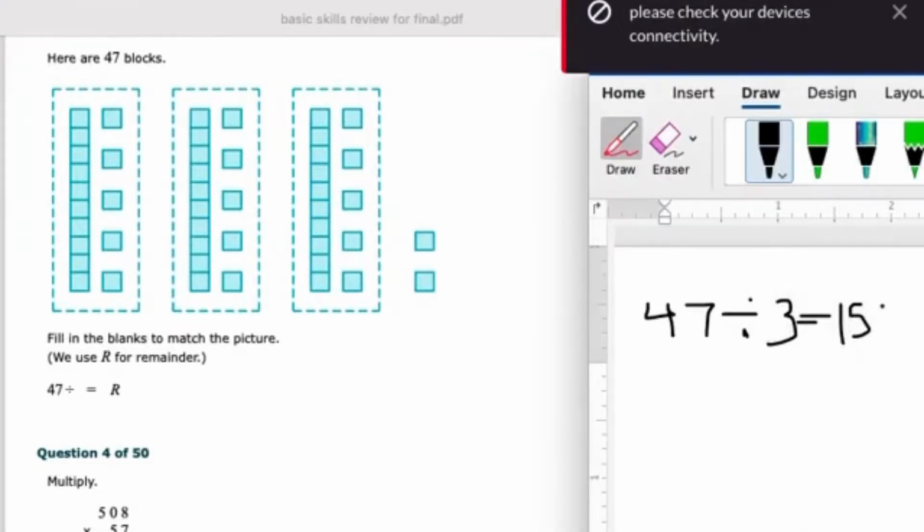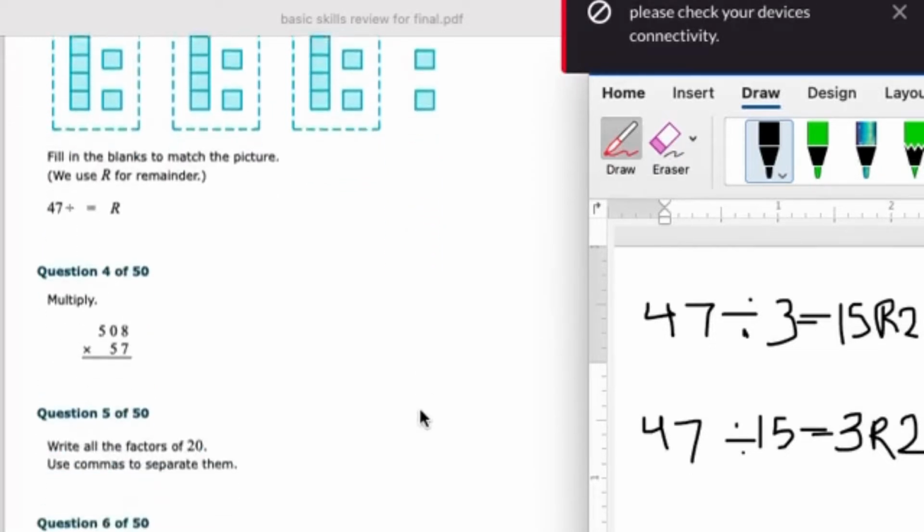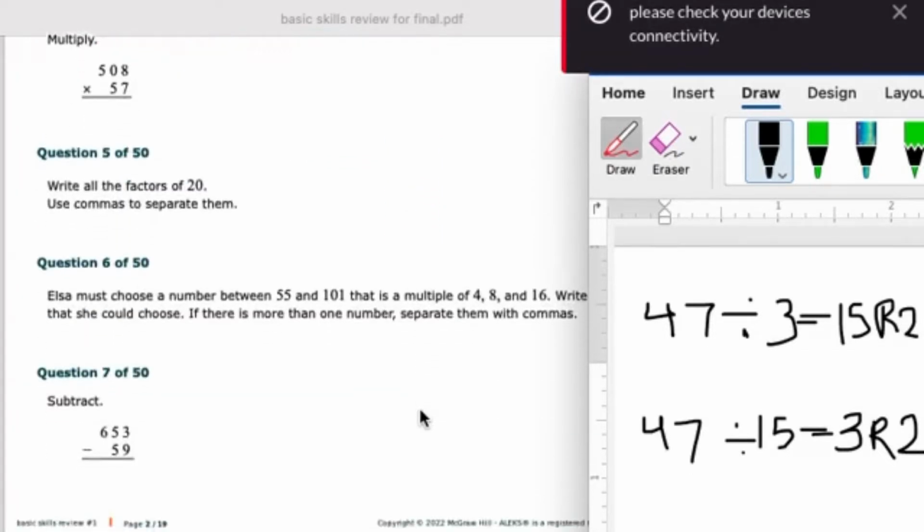Okay, we could say remainder 2. Or I would accept 47 divided by 15 equals 3, remainder 2. Okay, can everybody understand why I would accept either one of those answers? No. Okay, all right, so you don't need my help multiplying.